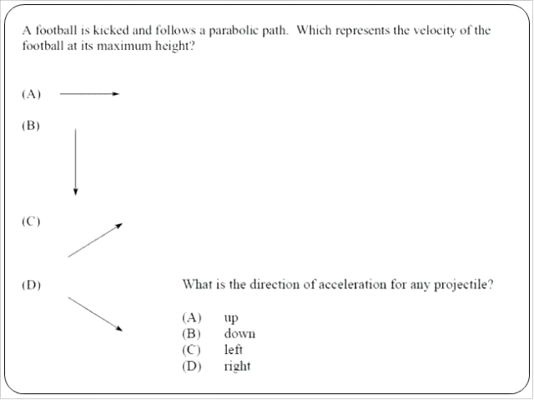We got a football that's kicked and follows a parabolic path. So in other words, the path of the football looks like this. Goes up in the air, follows this curved shape, and eventually it comes right back down to the ground again like that. Okay, we want to know the velocity of the football at its maximum height. Well, what you got to remember is the velocity has two parts to it.